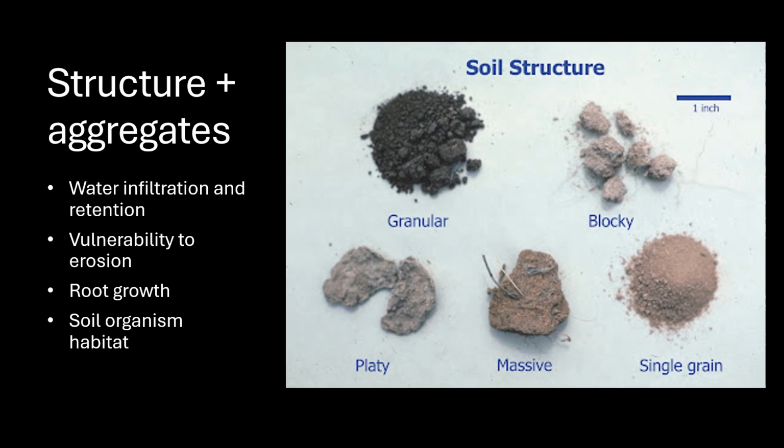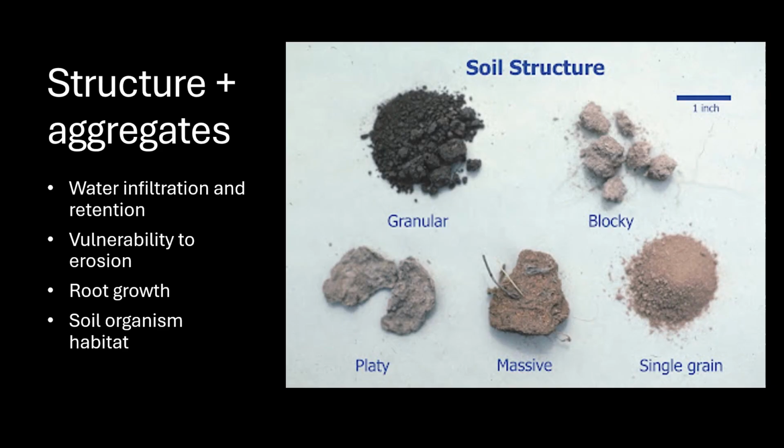When I've taught Introduction to Soil Science, a common source of confusion is the difference between granular and single grain. So single grain is like a pure sand, not desirable. Granular is actually a really nice soil structure. If you've ever seen worm castings, those little crumbs that they leave, that's granular.